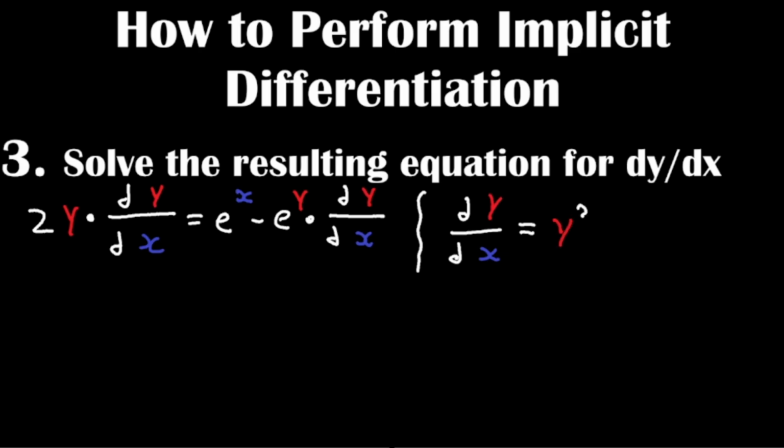These are just differing notations, but they are the same thing. I'm going to write y prime because it's a lot faster to write. But basically, we need to solve for y prime, which is the same thing as dy over dx.